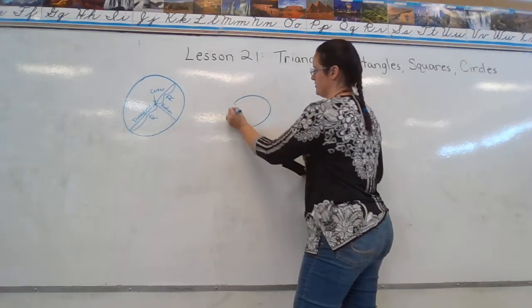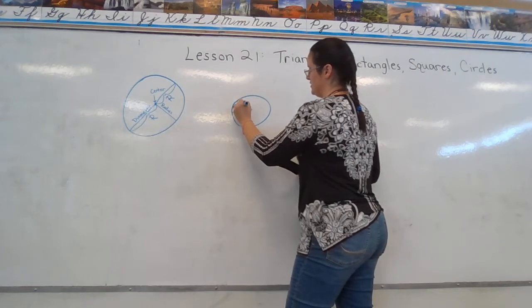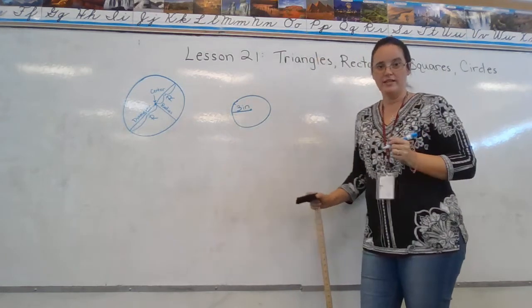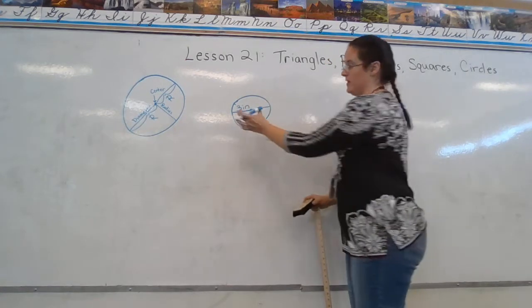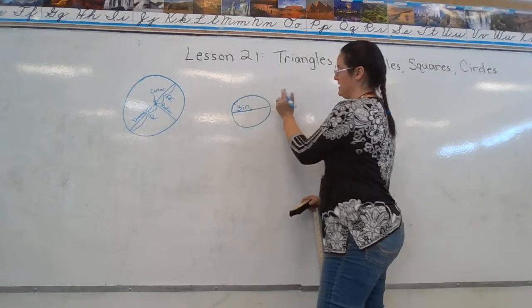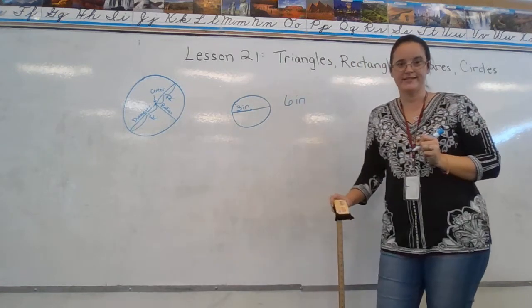So here's my circle. They're telling me from here to here is 3 inches. So they want to know what's the diameter the whole way across. Well, this is 3 and this is 3. So my diameter will be 6 inches.